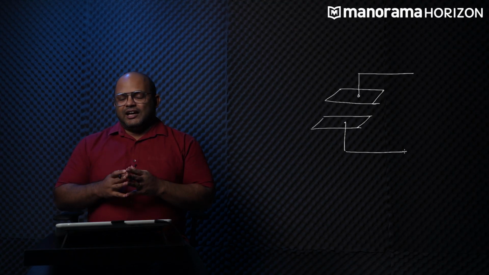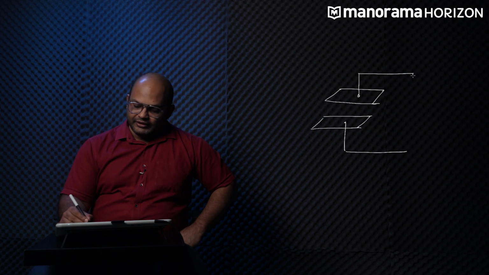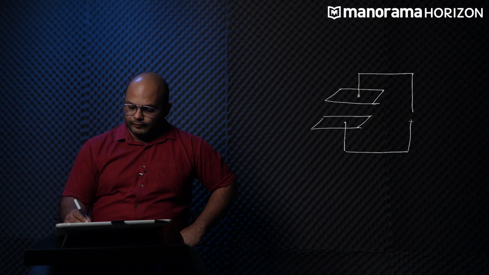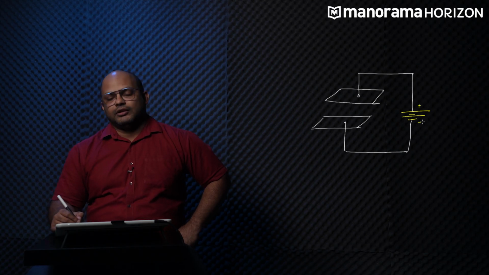Now, if I were to connect this capacitor with a source of electrical energy, let's say that I connect this capacitor with a cell. So here is my cell. This is the positive terminal, this is the negative terminal.